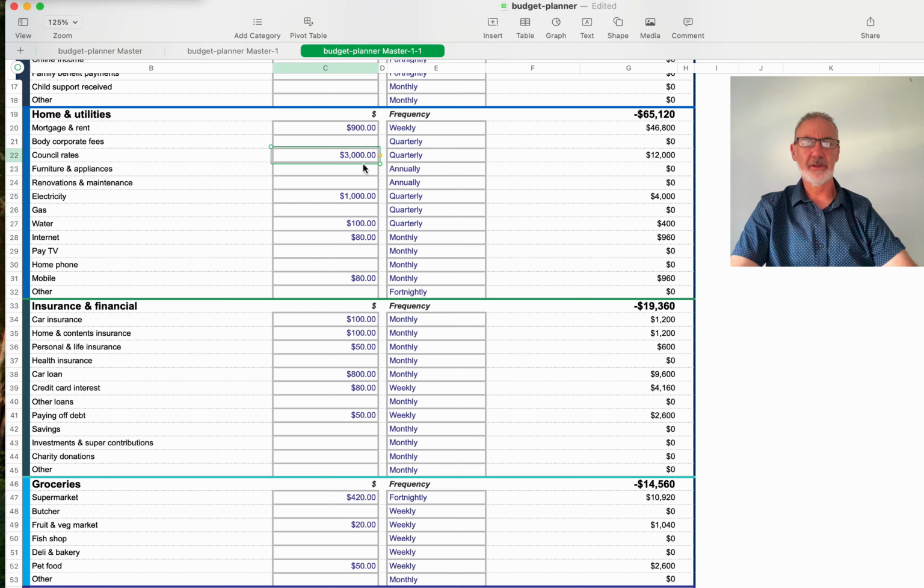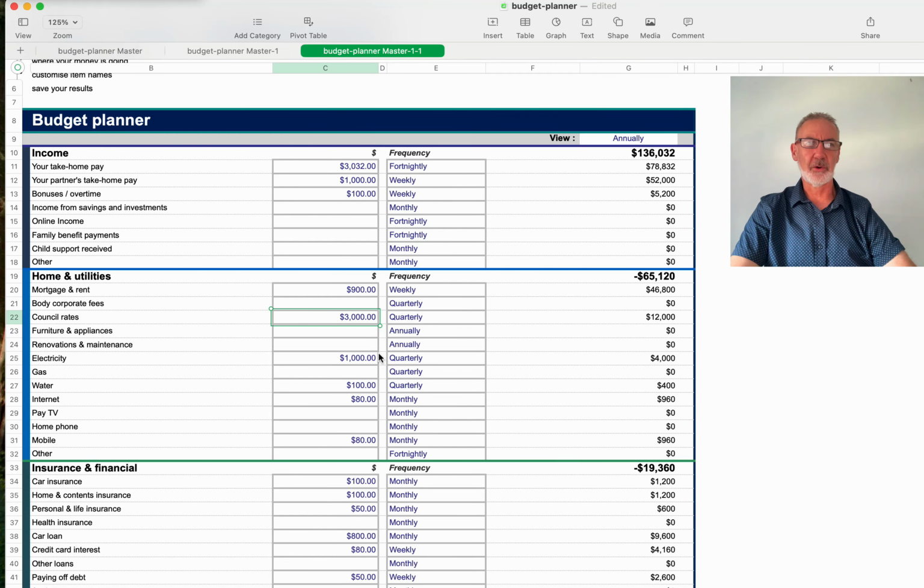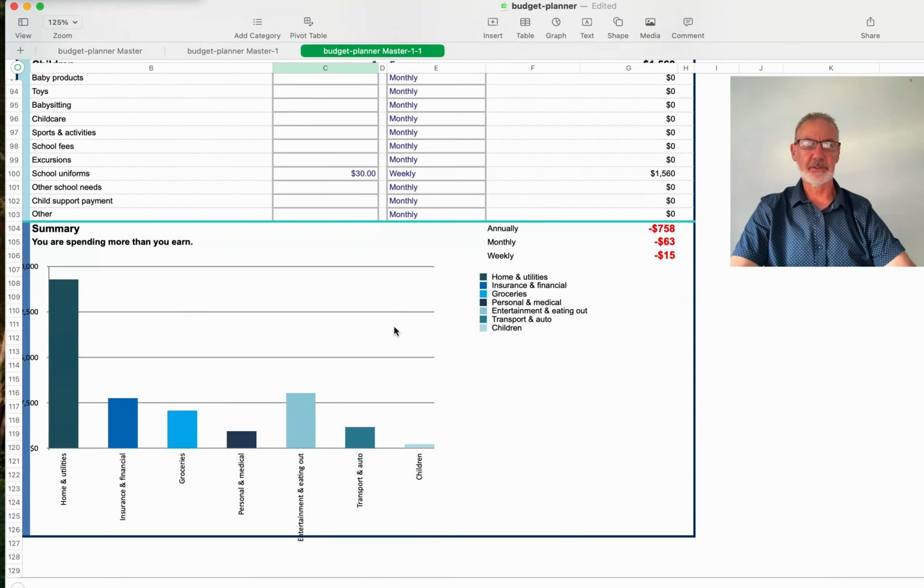Let's use the quarterly example. In this case, you may have that $3,000 building up if you're leaving it in the bank account each week, and each quarter the $3,000 will come out. But what can happen is, you think you're going along well because you've got money in the bank, it's building up, but you actually, in this scenario, are in a deficit each week by $15.